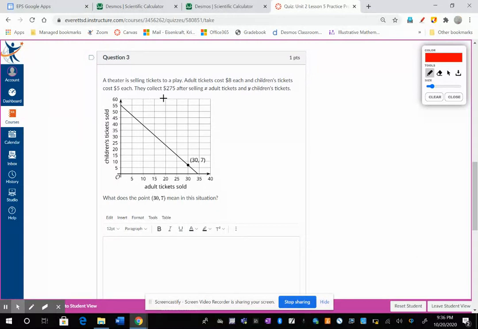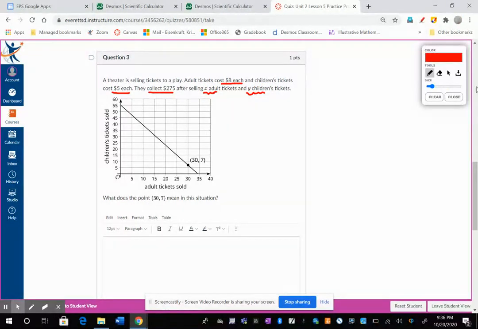Question 3. A theater is selling tickets to a play. Adult tickets cost $8 each, and children's tickets cost $5 each. They collect $275 after selling X adult tickets and Y children's tickets.